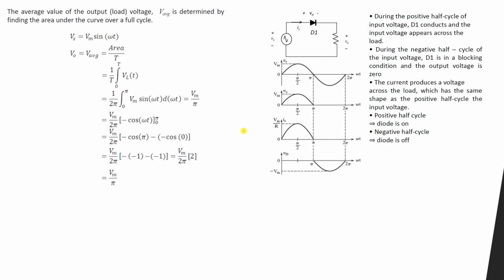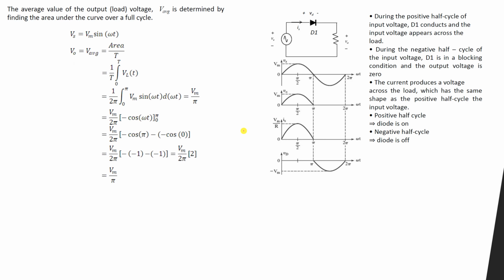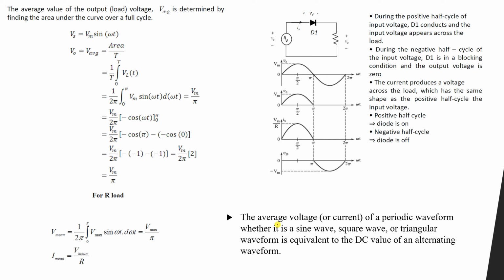Now let's understand some important values that we need to get. Number one, we need to get the average value of the output voltage, V average. Why is this? Because the average value of voltage or current of any waveform represents the equivalent DC value.